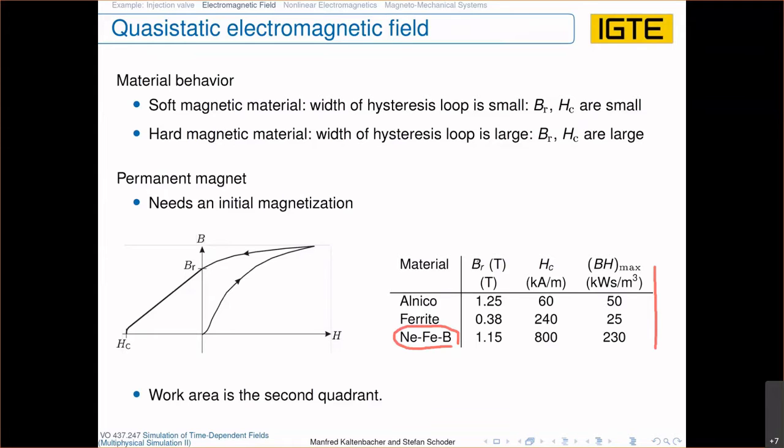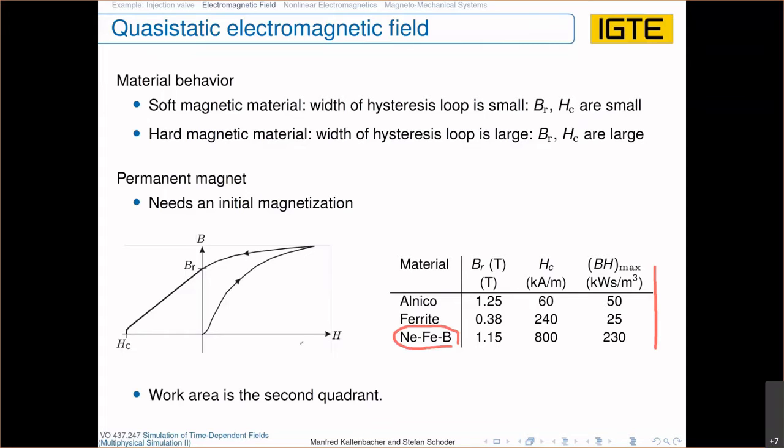You have a remanent magnetic flux density of about 1.15 Tesla, which is quite large, and you also have a large coercive magnetic field intensity HC, so the product, which is proportional to the energy, is also quite large.